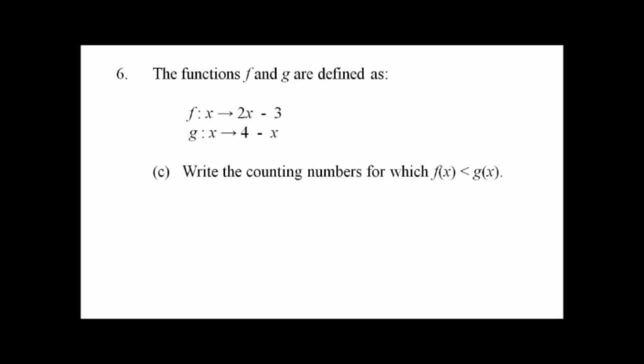Okay, the a and b, now you have c. Same functions for f and g. Write the counting numbers for which f of x is less than g of x. So put f of x to the front and put it is less than g of x and work it down, and then get your counting numbers for the answer.